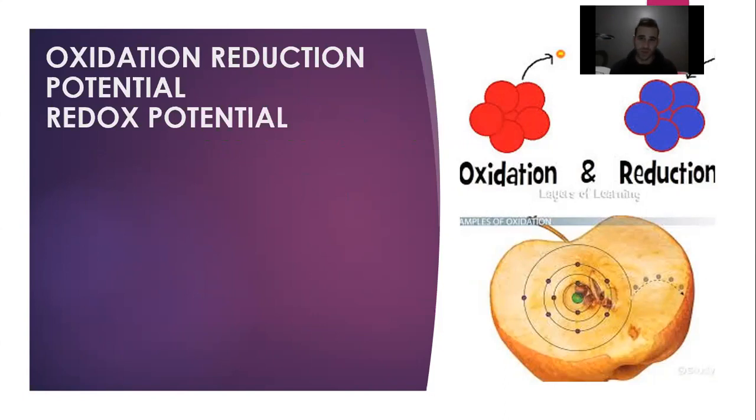That is an example of oxidation. And then we have the blue molecule, and you can see the arrow is pointing towards the molecule, representing that molecule receiving an electron. And that is an example of reduction.